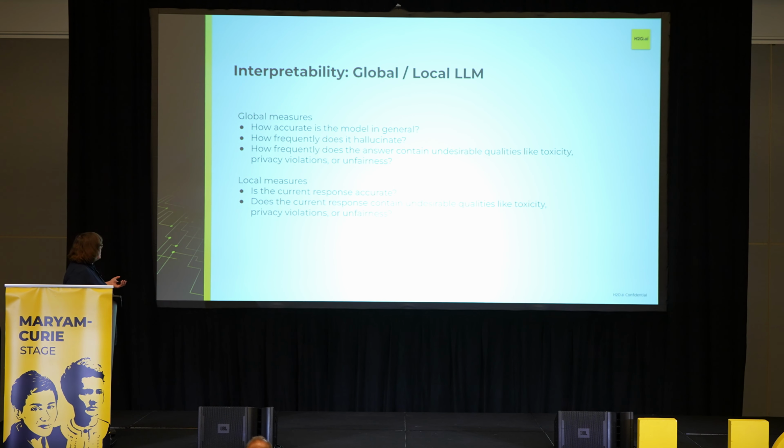And of course, in addition to having global measures which allow us to pick the best model for whatever application we're working on, we want to have local measures in order to understand a specific response. We probably want to screen out responses with negative properties, such as toxicity, something that tends to leak information that may be private, something that may be unfair or create stereotypical responses about certain groups.